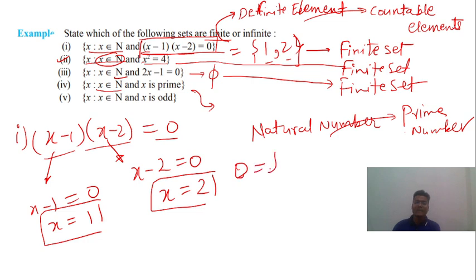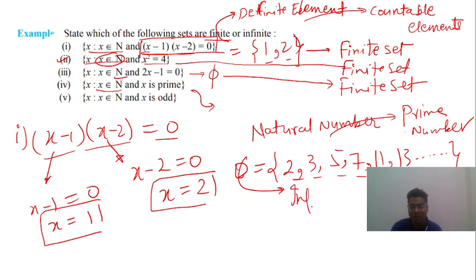I name it D, and write 2 prime number, 3 prime number, 5 prime number, 7 prime number, 11 prime number, 13 prime number, and so on. You can write so many prime numbers that belong to natural numbers. That's why this set D is an infinite set.